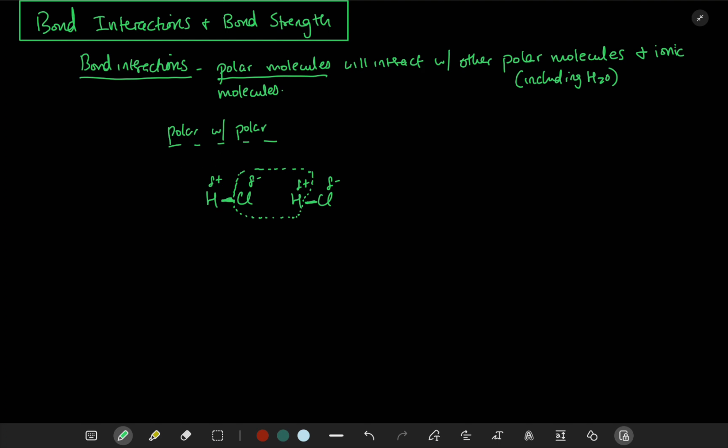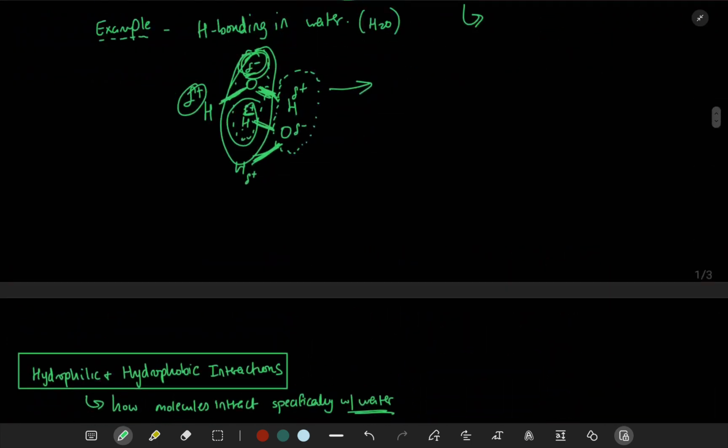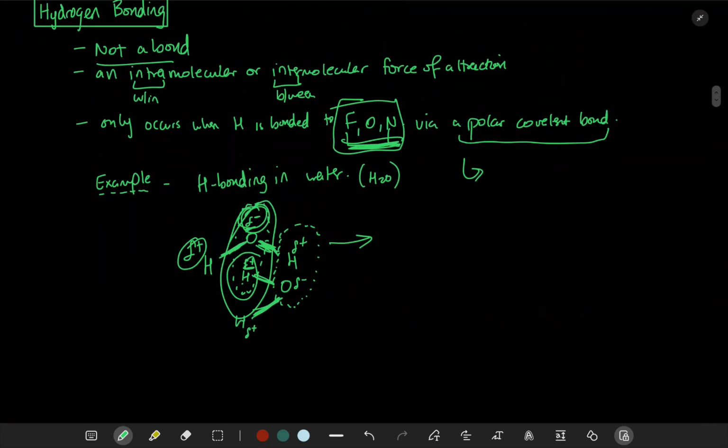Now, we discussed another way polar molecules can interact with other polar molecules, through hydrogen bonding, specifically with water, right? We discussed it here, right here. It's a little kind of janky, but we can see we have one water molecule here and another water molecule here, and we have partial charges.